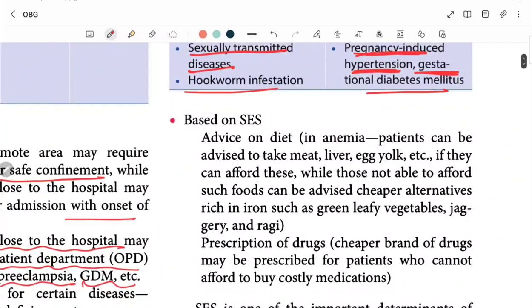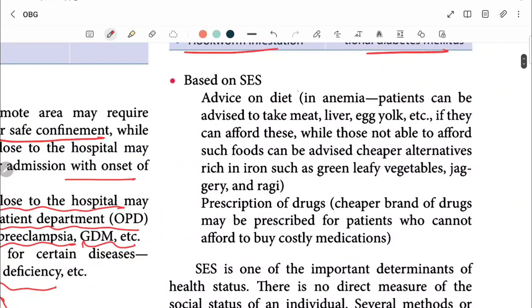So based on the socioeconomic status, you should give proper advice on diet. Suppose in anemia patients, the patients can be advised to take meat, liver, egg yolk, etc., if they can afford these, while those not able to afford such foods can be advised on cheaper alternatives rich in iron, like green leafy vegetables, jaggery and ragi.